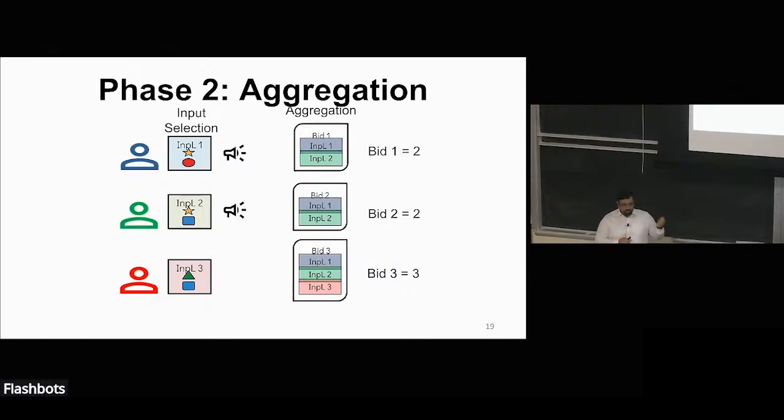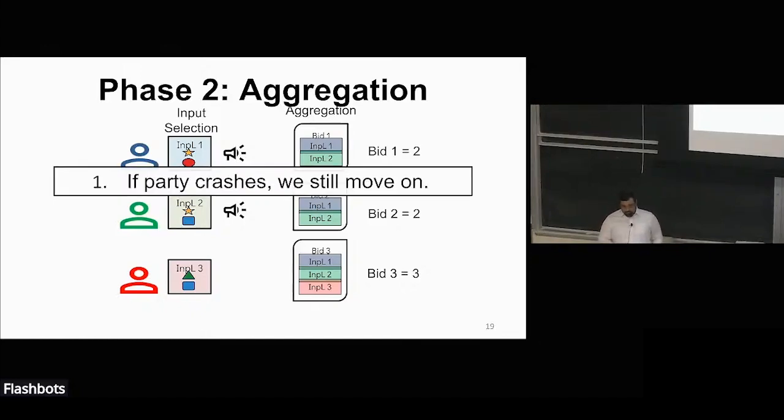And whatever the highest bid is will win, and let's say it receives a utility of 30 in this case. So two things to note here. A party can choose to crash and not broadcast their selection in the first phase. This would mean that other parties now do not have this input to select, but the protocol still moves on. If the party crashes, we don't have any troubles.